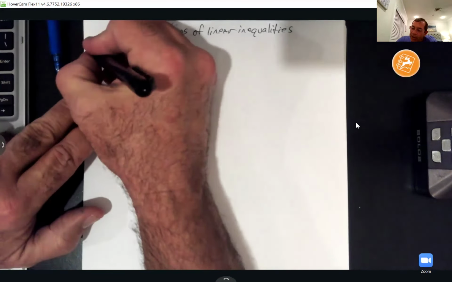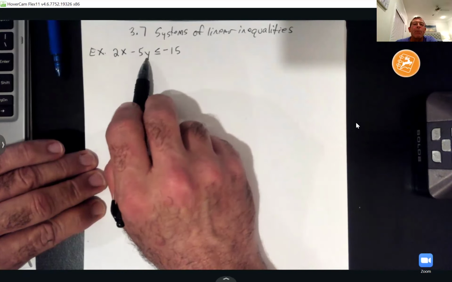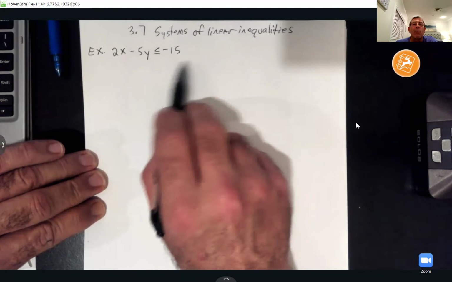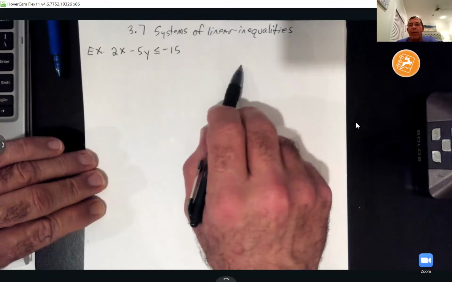Basically. So let's see. I wanted to do this one because it's got to be solved. And this is 2x minus 5y is less than or equal to negative 15. So y'all, we need to solve this for y. Okay, we want y less than or equal or y greater than or equal to whatever we get.